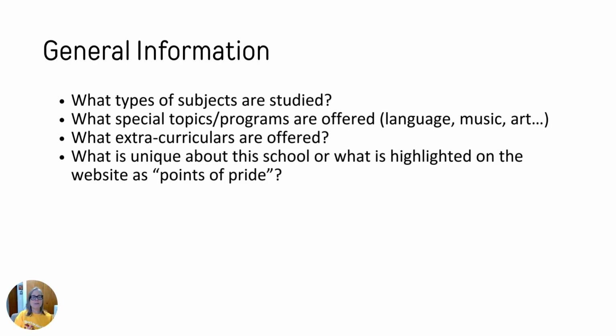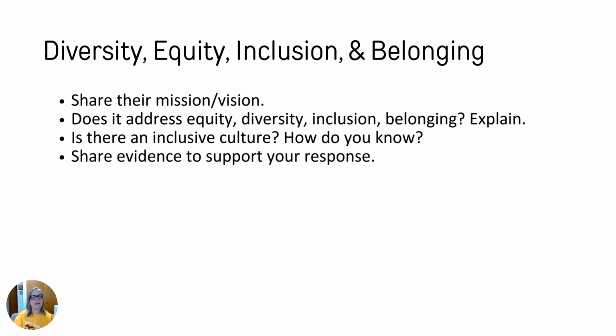A good thing too, if you can't find something for each of these bullet points, that's okay, but explain that. So instead of just leaving it off, you could say, I looked, but I wasn't able to find any extracurricular activities offered, because that lack of information is still really good information for your group members to know. Did they have a diversity, equity, inclusion, and belonging statement or a mission or a vision related to that?